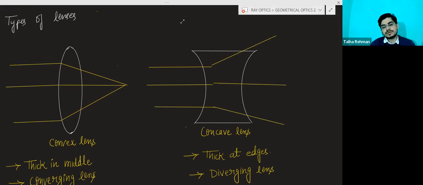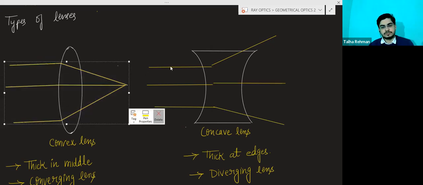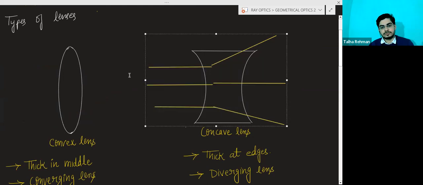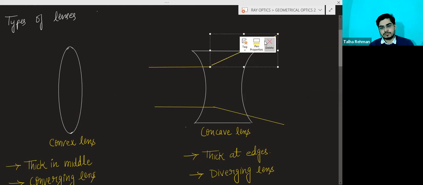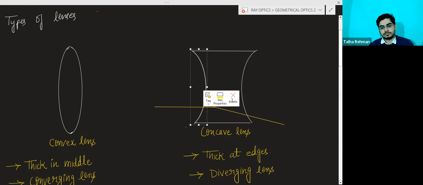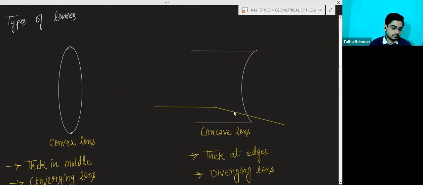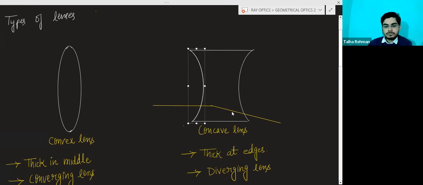That is why this lens is known as the diverging lens. This is a convex lens. This is a concave lens. Okay.